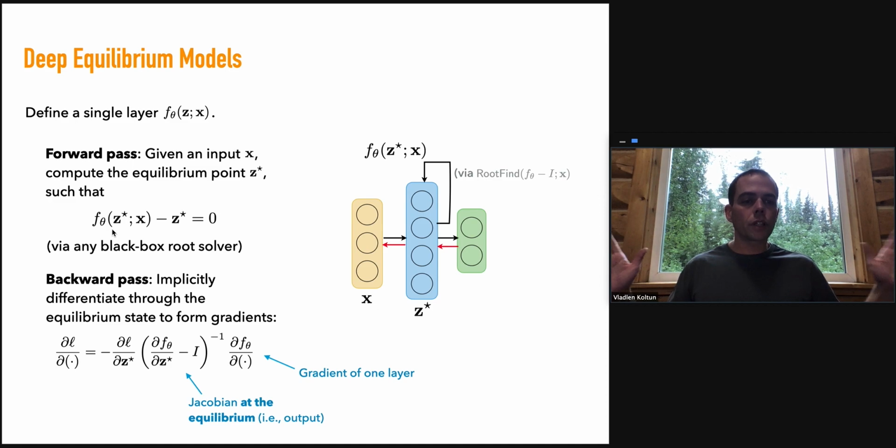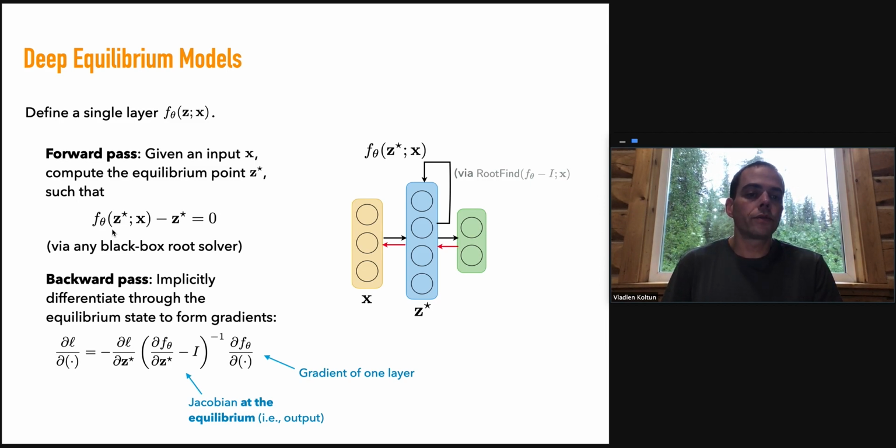That is the condition that holds at equilibrium. So, deep equilibrium models model this condition analytically. They say, we only have one layer, and we are going to solve for what happens in the limit at equilibrium when applying this layer makes no more difference.